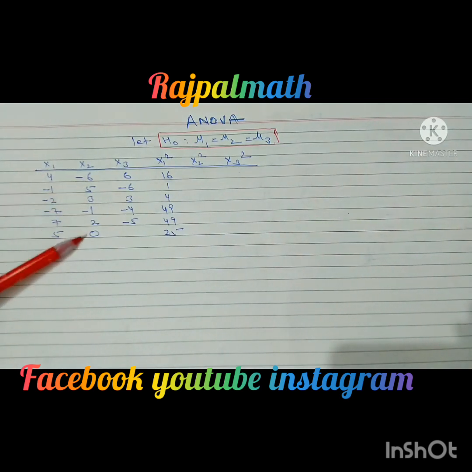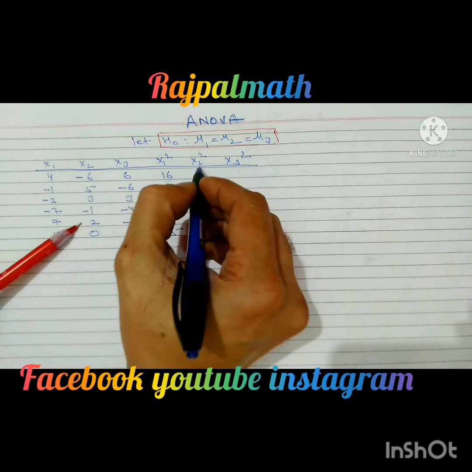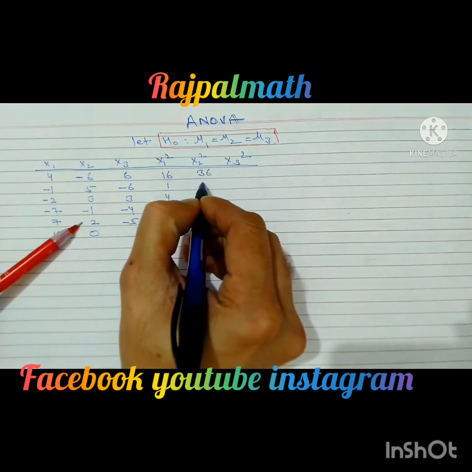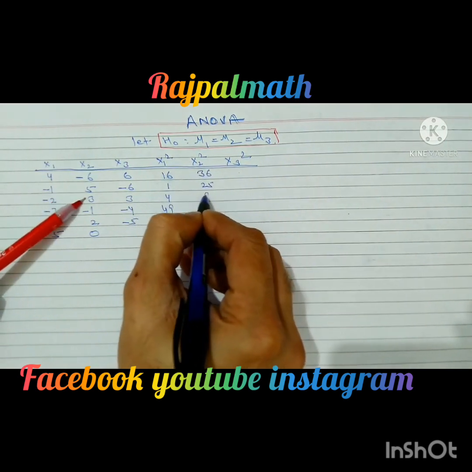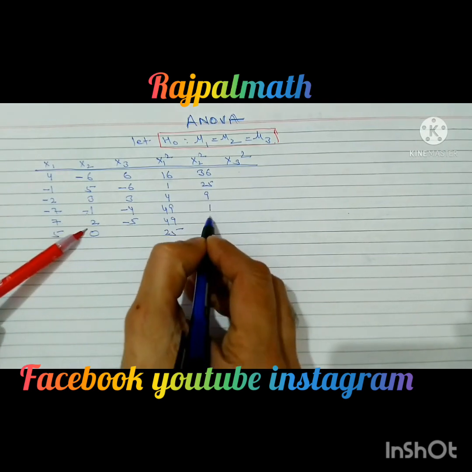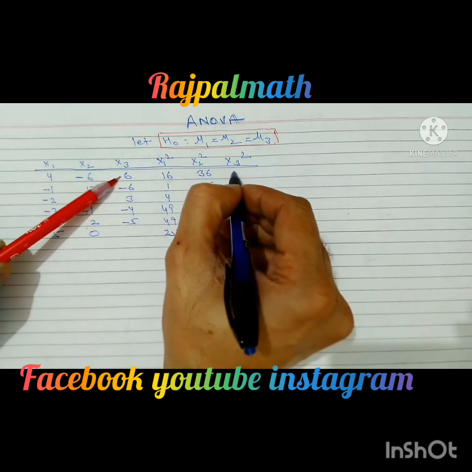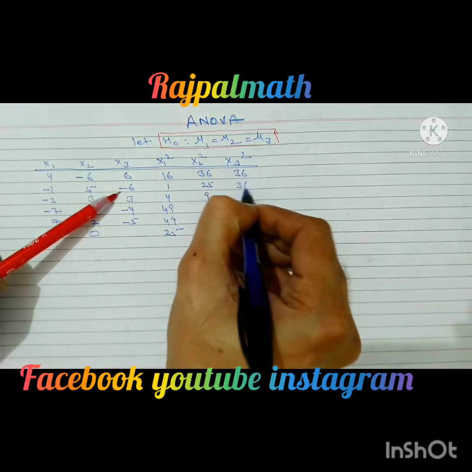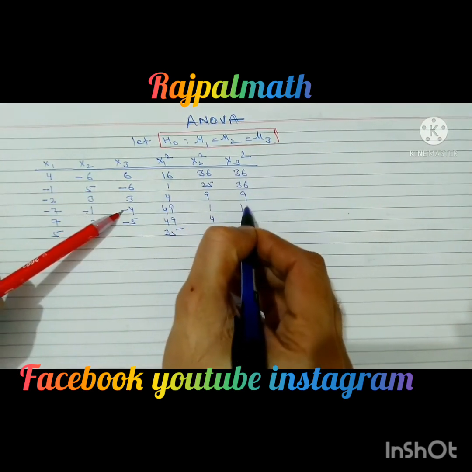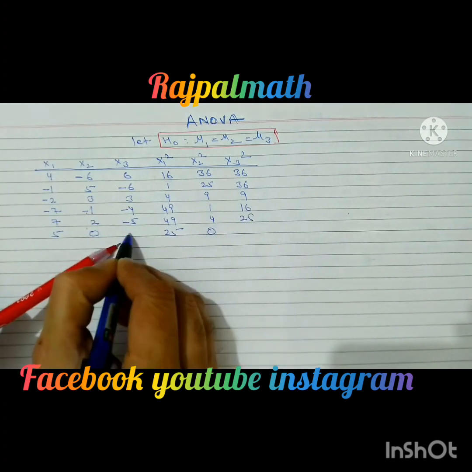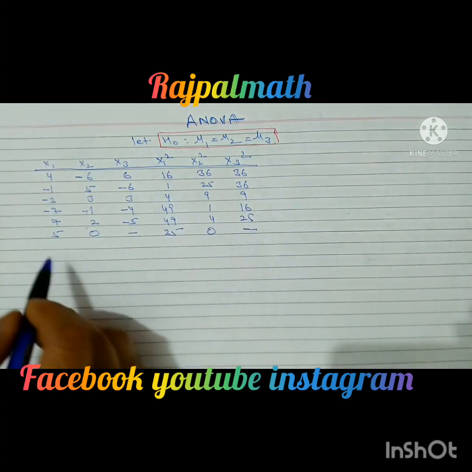The square of the second column: 36, 25, 9, 1, 4, 0. Square of the third column: 36, 36, 9, 16, 25.